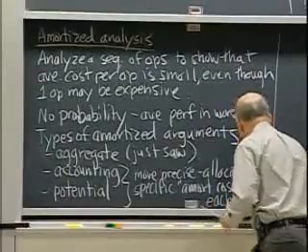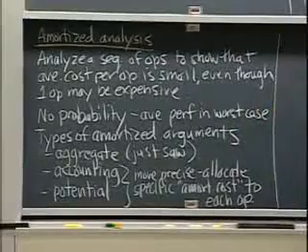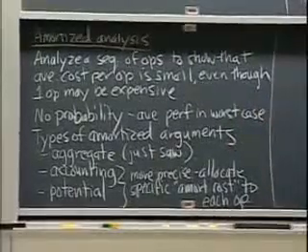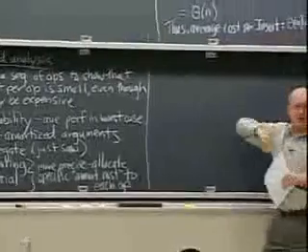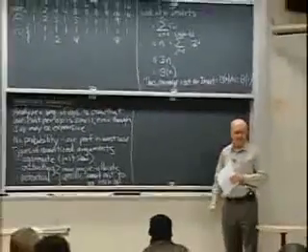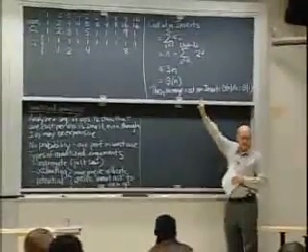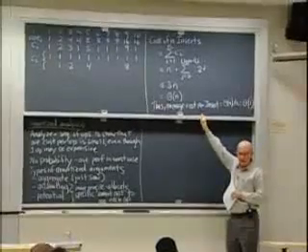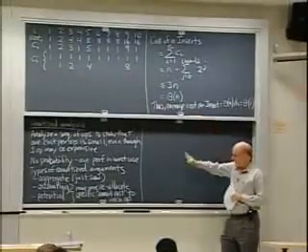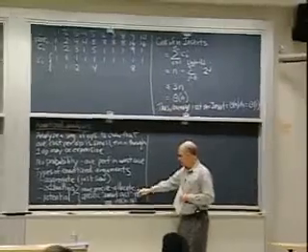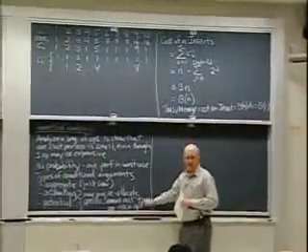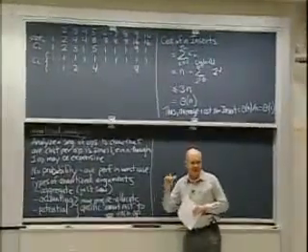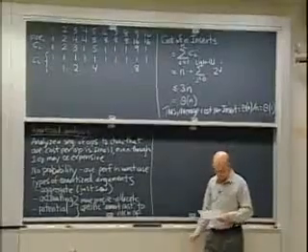One of the things about the aggregate analysis is that you can't easily say what the amortized cost of a single operation is. You can in this case; you can say it's order 1. But the accounting and potential arguments give you a much more precise way of characterizing what the amortized cost of a particular operation is.